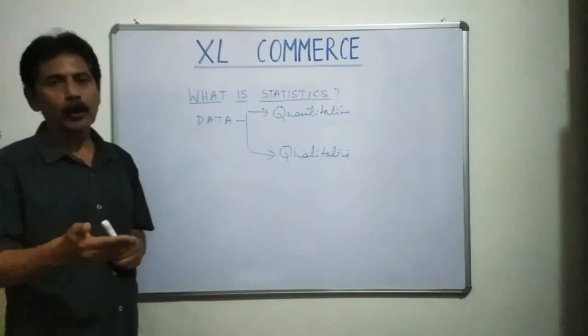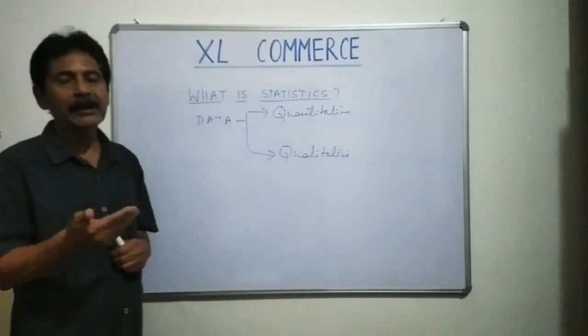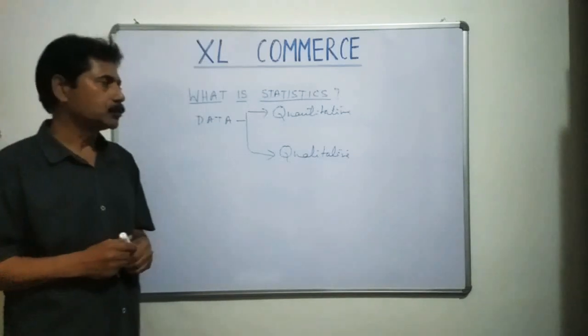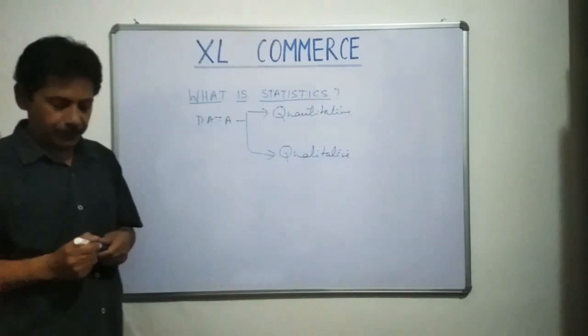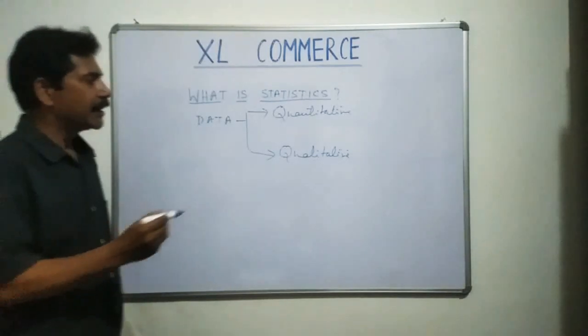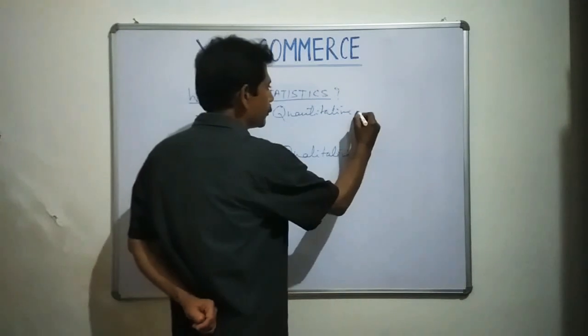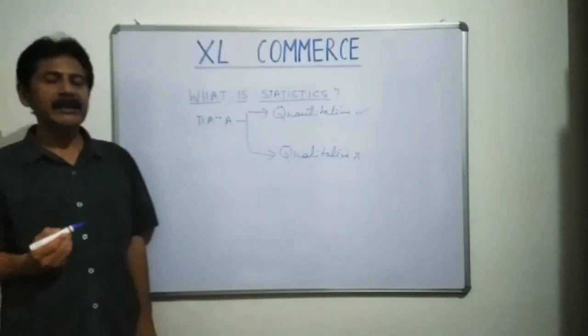Then Ram is a good boy, we cannot express it in terms of any numerical values. This cannot be termed in numerical values. So that is known as qualitative data. But statistics does not deal with qualitative data. We will study only quantitative data.